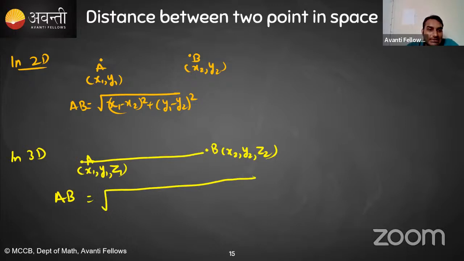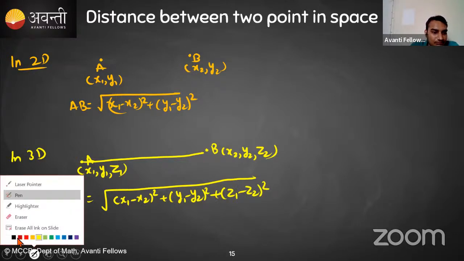The biggest benefit of 3D is that the pattern of the formula remains the same, it just gets extended to z also. So the AB distance is x1 minus x2 whole square plus y1 minus y2 whole square plus z1 minus z2 whole square.